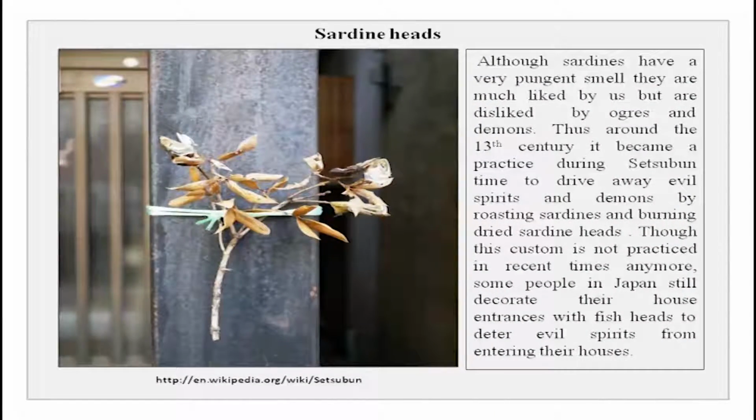And one interesting custom that was followed was that it was believed that Oni or the demons do not like sardines, because they smell a lot, and thus roasted sardine heads were placed outside of the house to ward off evil, to keep ill fortune away from the house, and to welcome positivity, to welcome good fortune in the house.